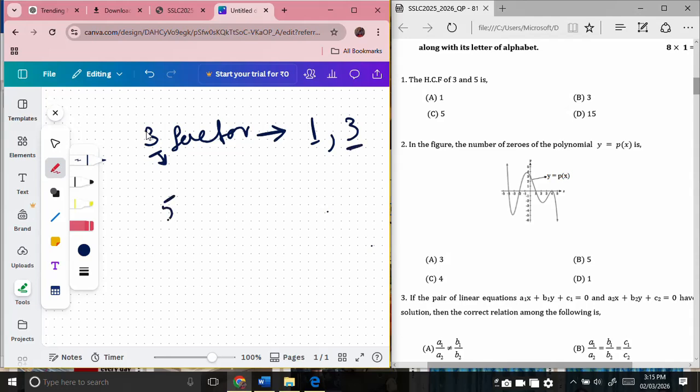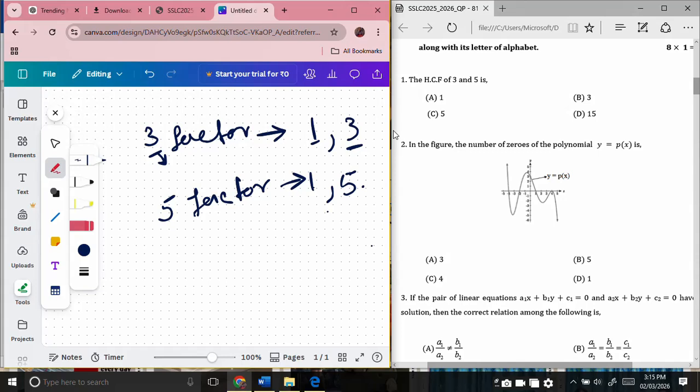Similarly, the factors of 5 are 1 and 5. In the question they have asked 3 and 5. So the factors of 3 are 1 and 3, and the factors of 5 are 1 and 5. 3 and 5 are different, so that is not a common factor. The only option we have is 1, right? So in both the factors, of 3 and 5, 1 is the common factor.